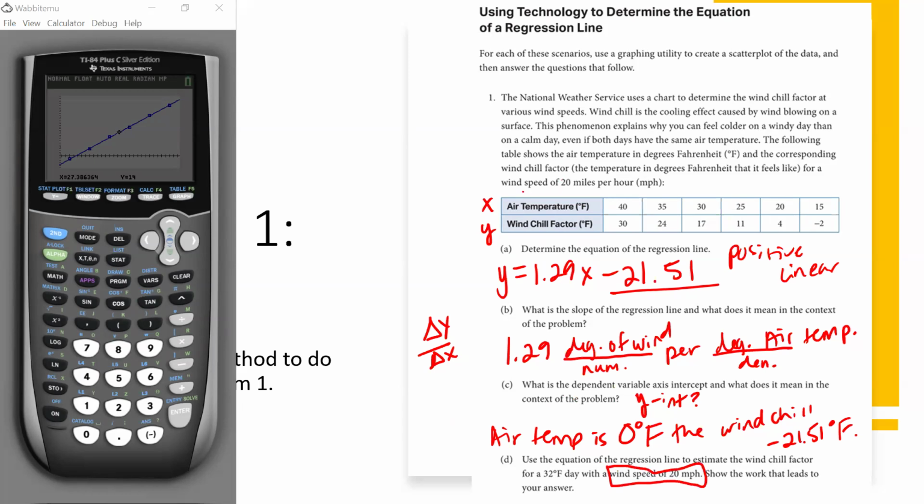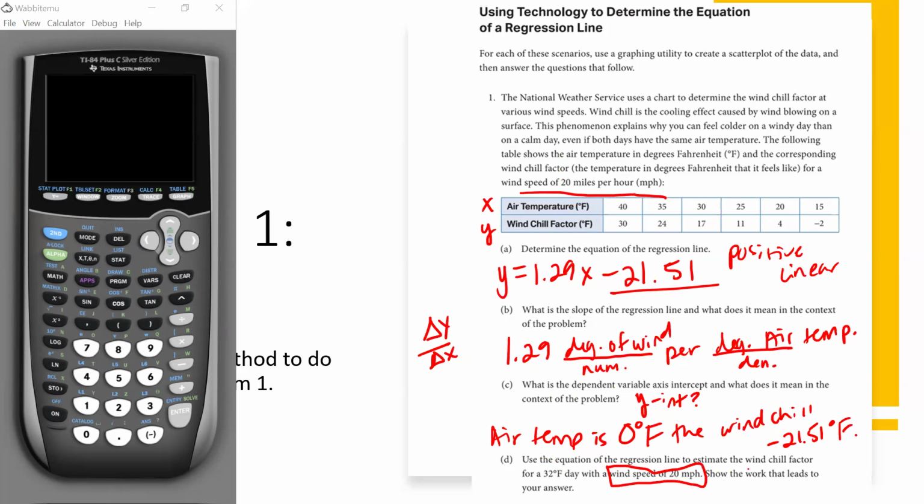So it's telling you you have a wind chill factor of 32 degrees, and it wants to know what is the actual air temperature given that information. That's what you've got to decide. Are they giving you your X or are they giving you your Y? And then solve for the other one. That's what I'm asking you. So talk about it, think about it, and we'll come back.